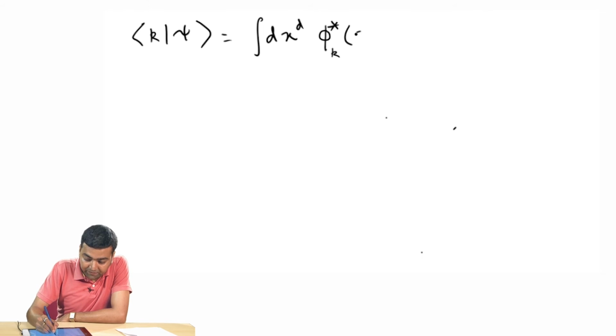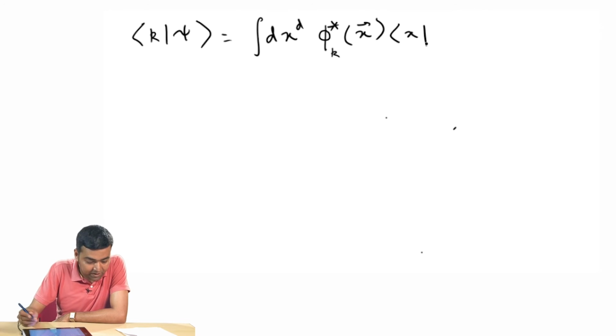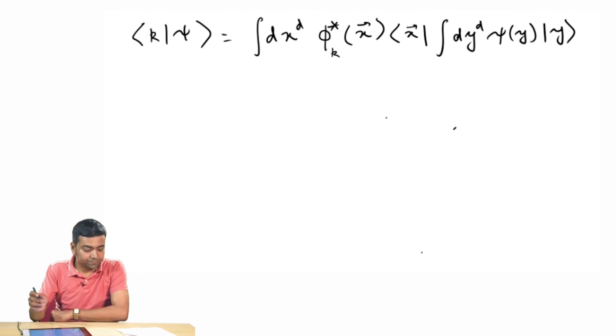So, I get phi_k*(x) in the x position basis, and for my psi I can similarly write integration dy psi(y) in the y position basis.